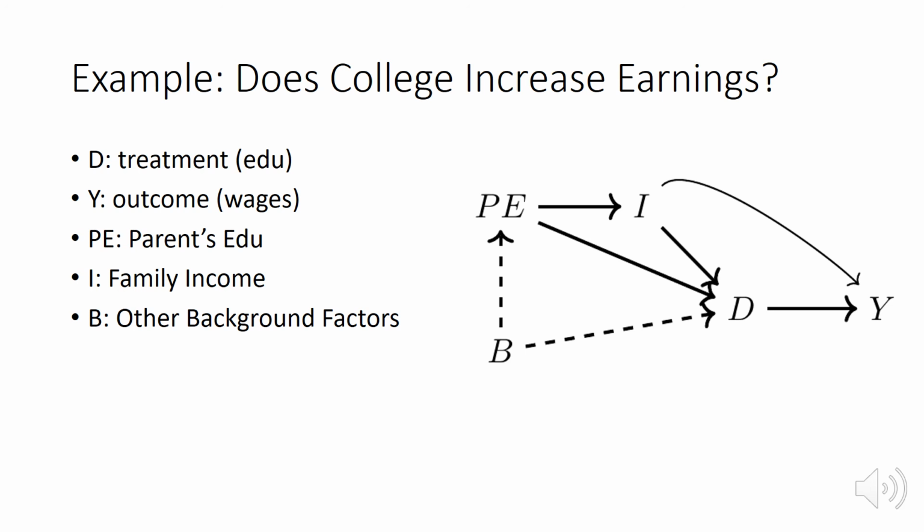We've got family income. This might be related to state of the economy, like someone said. How much money your family has is probably going to determine both whether or not you're going to college, but also how much you're making later in life unrelated to that. And then we've got this all-encompassing variable that I just called other stuff, other background factors. And I said B for background.